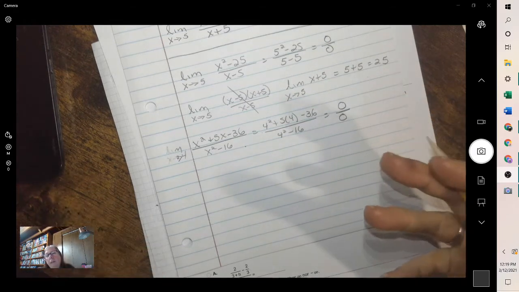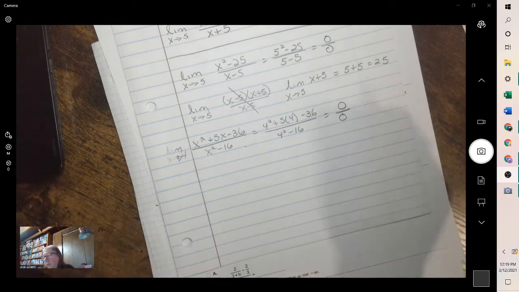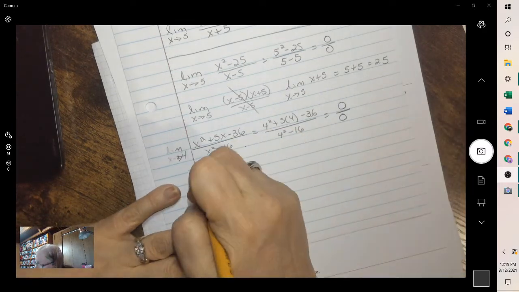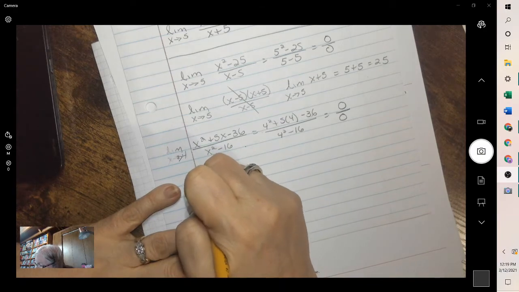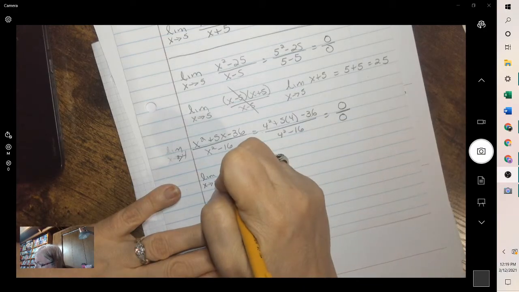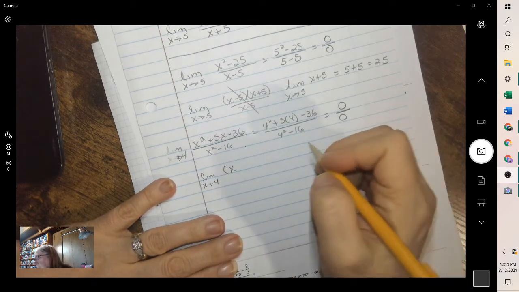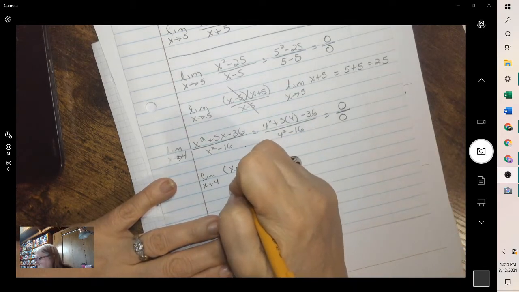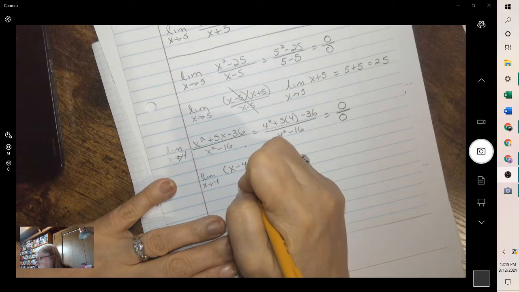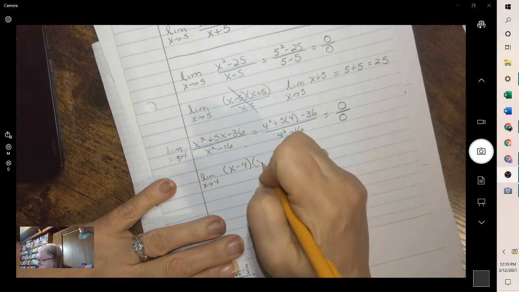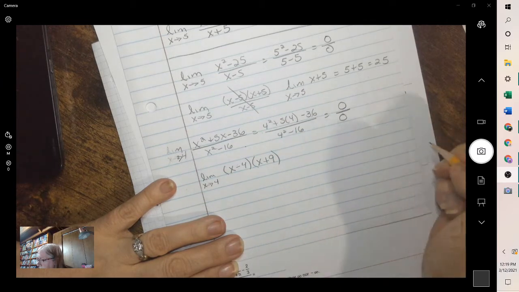That means that somehow there's a common factor and we need to go back and reduce it. So we want the limit as x approaches 4, and it'll factor x minus 4 and x plus 9.